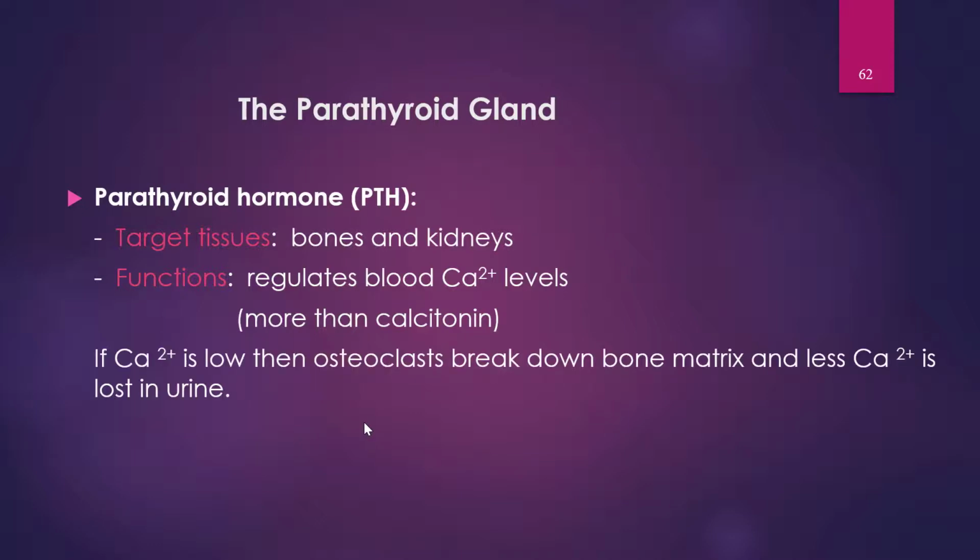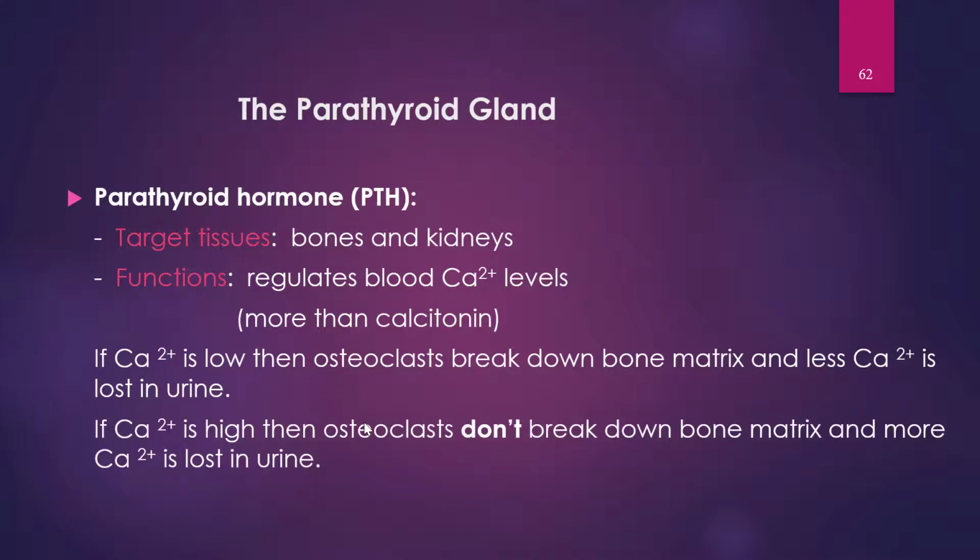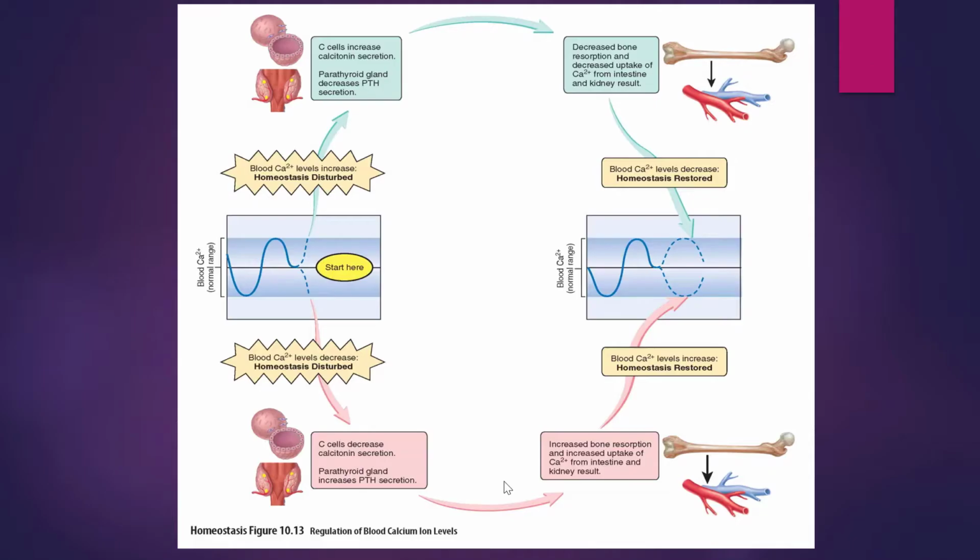Okay, if calcium level is low, then the osteoclast breaks down bone matrix, and less calcium is actually lost in the urine. This is actually its effect. If calcium level is high, then the osteoclast doesn't break down the bone matrix, and more calcium is actually lost in the urine.